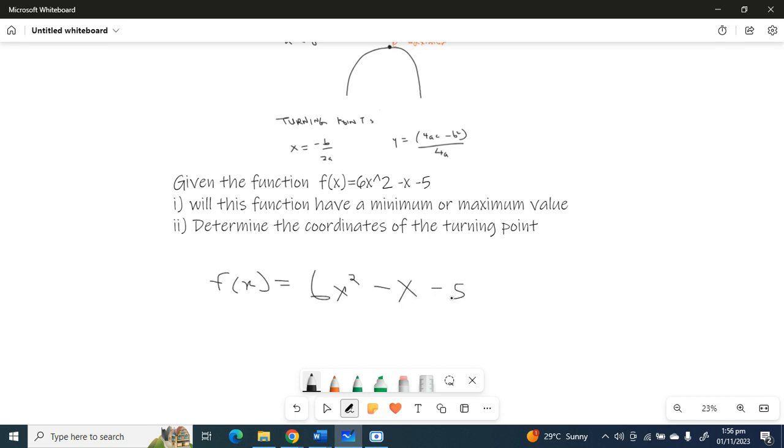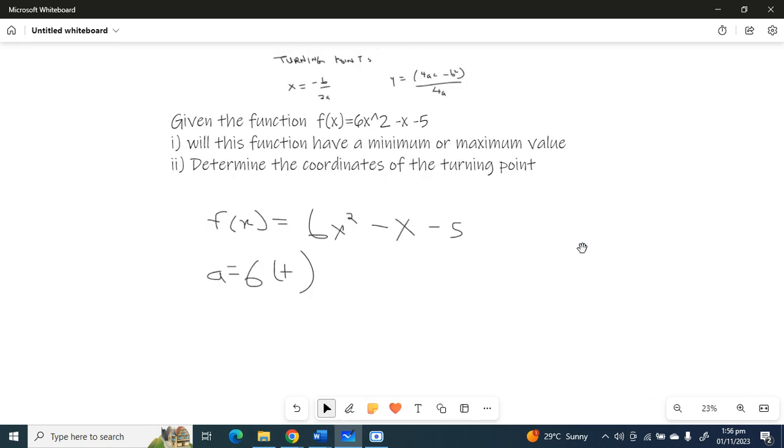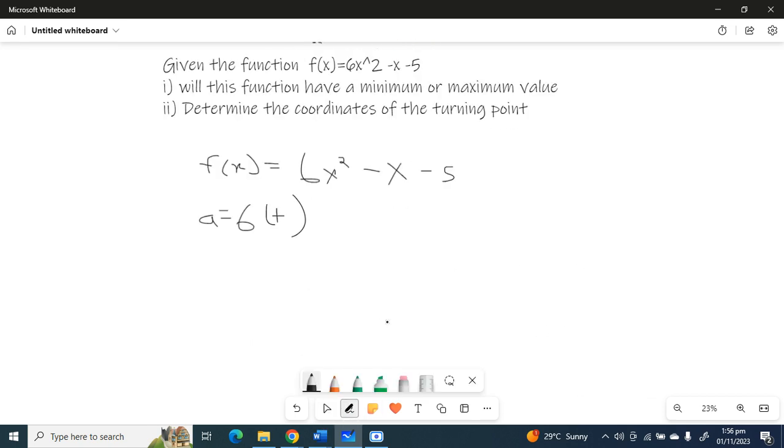So we see that a, which is the coefficient of x squared, is equal to 6. So since it is positive, our function will be in the shape of a smile like this. This is how we expect the graph to look.